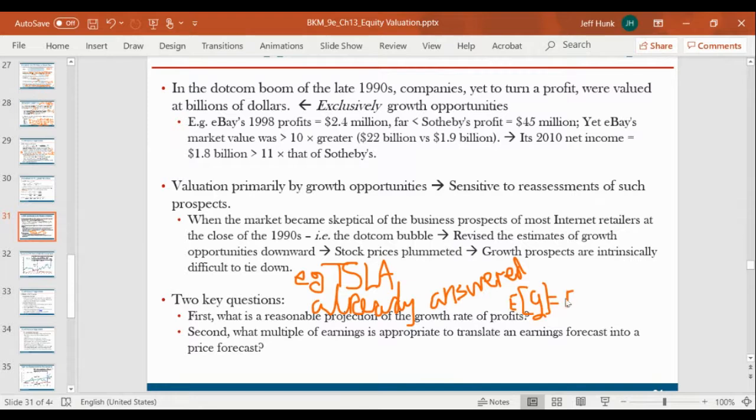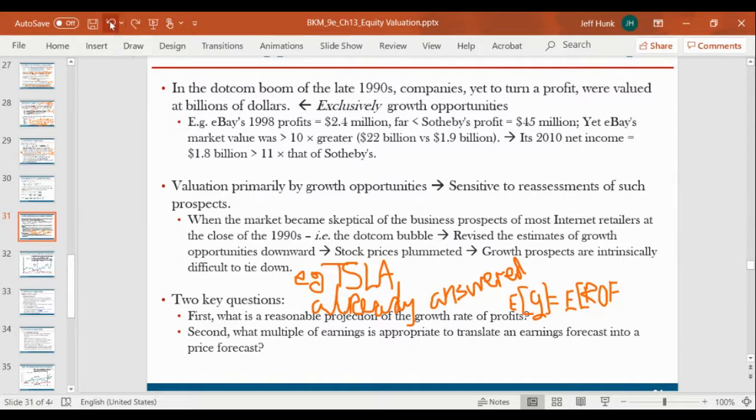But of course, because this is a forecast, we should use the expected ROE. These ratios do not change that frequently, though of course they do change. So whether you call this expected ROE or not doesn't really matter.